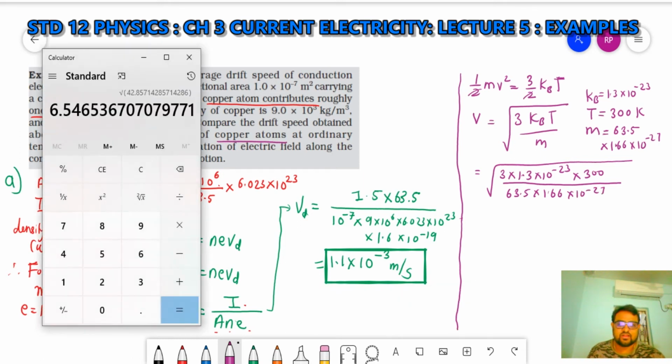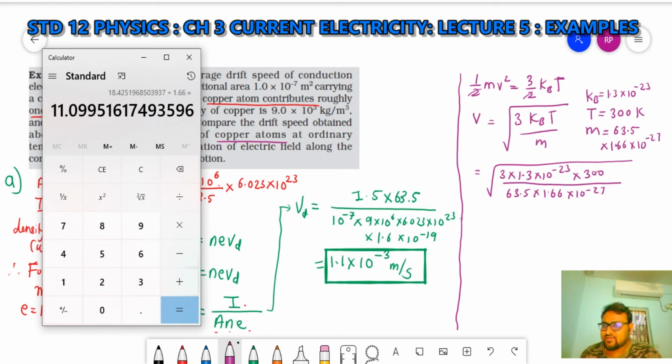Okay, so when I calculate it, I will get 3 multiplied by 1.3 multiplied by 300, divided by 63.5, divided by 1.66.